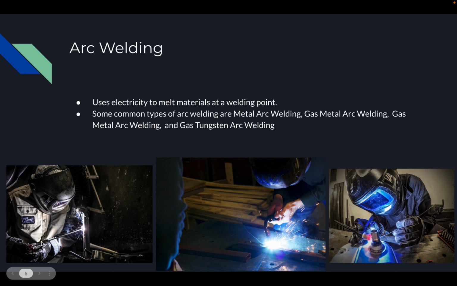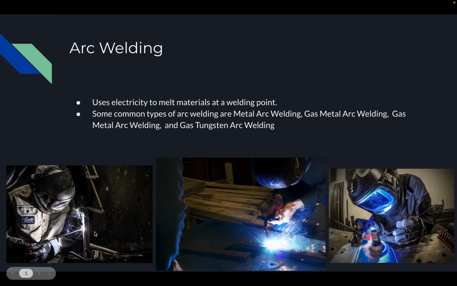This type of welding can be used for basically anything. A job that specifically uses it would be underwater welding. They usually do stick welding. The only difference is that the stick is usually covered in wax.